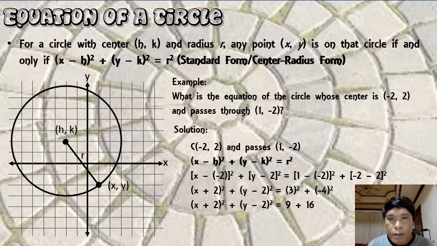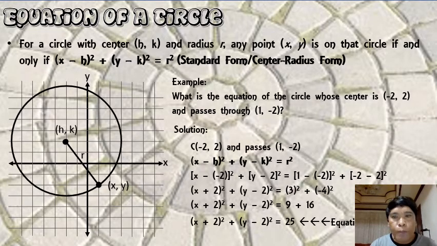Simplify this, that is 3 squared is 9, -4 squared is 16. So therefore the equation of the circle is x plus 2 squared plus y minus 2 squared equals 25. So this is now the equation of the circle in standard form.